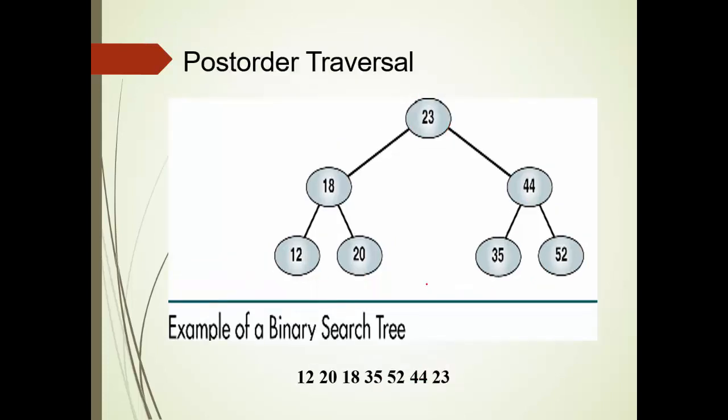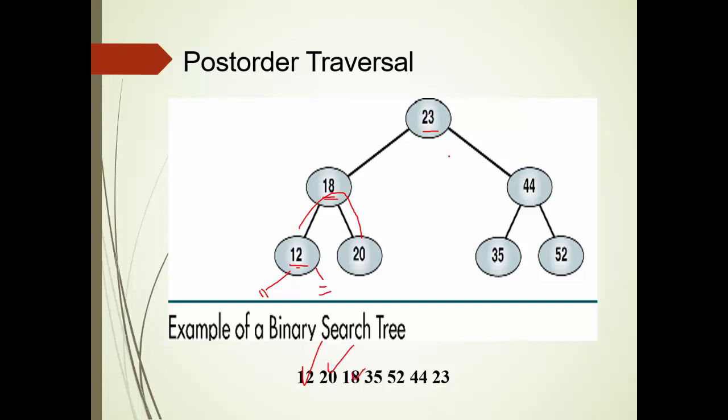Then what about post order? In post order, we have said that we need to go to the left, right, then root. 23 is the root. Does this root have another left? Yes, it is 18. Does 18 have another left? Yes, 12. Does 12 have another left? No. Then we need to display 12. Does 12 have a right? No. Then we go to the right of 18, which is 20. After 20, we go to its root.